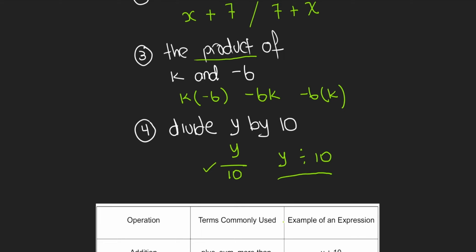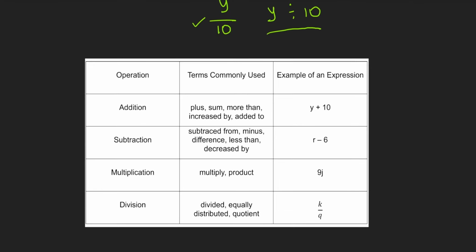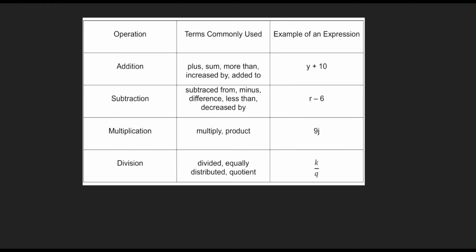Okay. Now, when you actually go into questions, the questions will have some fancy terms that I think you should be introduced to. So I prepared a table, a simple table. Example, addition. You might come across words like plus, sum, more than, increased by, or added to.